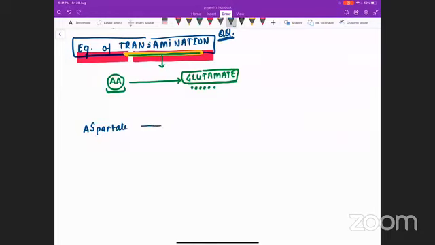If I want to convert aspartate into glutamate, the name of the enzyme will be transaminase, because it is a transamination reaction. And the coenzyme will be vitamin B6, in the form of PLP, which is there for every transamination reaction.